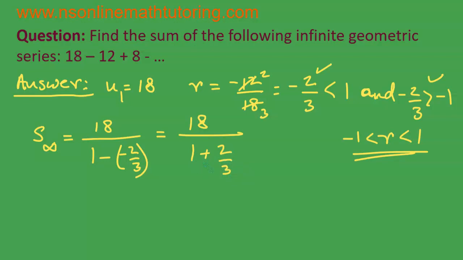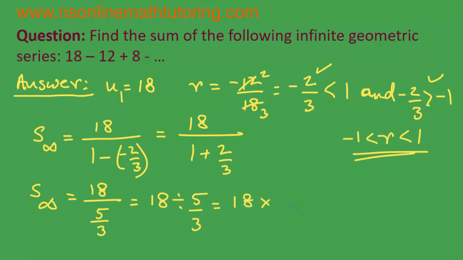And what is 1 plus 2 over 3? 1 can be thought of as 3 over 3. Plus 2 over 3 will be 5 over 3. So S infinity is equal to 18 over 5 over 3. So this can be written as 18 divided by 5 over 3, or this is 18 times 3 over 5.